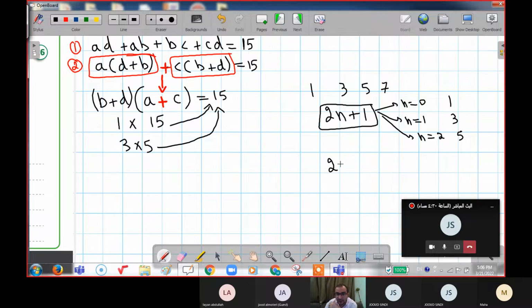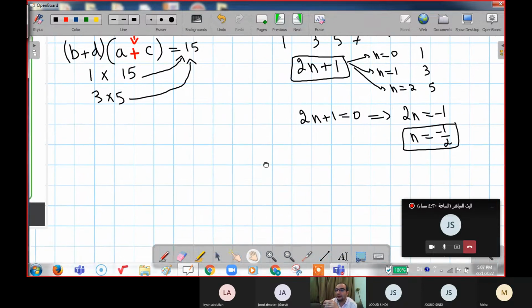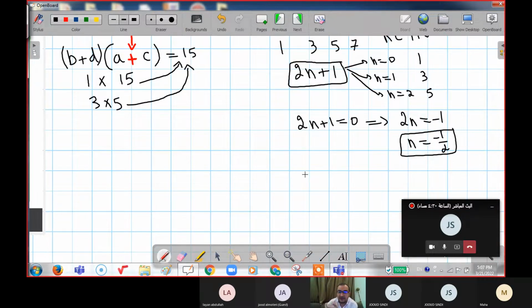If we write 2n plus 1 equal to 0, you will have 2n equal -1 and n equal -1 over 2, which is impossible because n must belong to the natural numbers. So 0 definitely is not an odd number. It will be an even number, because an even number like 0, 2, 4, 6, 8 must be written as 2 times n.